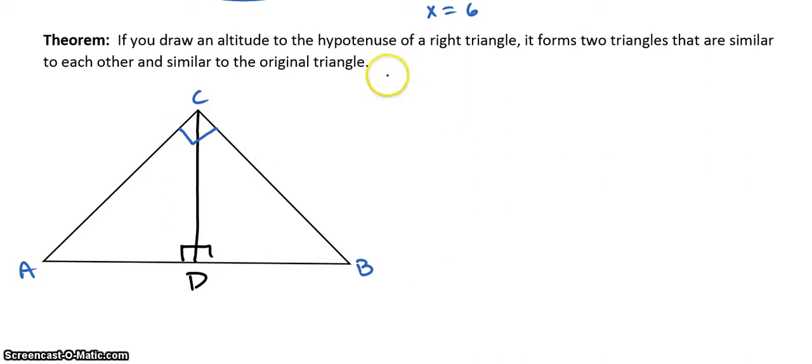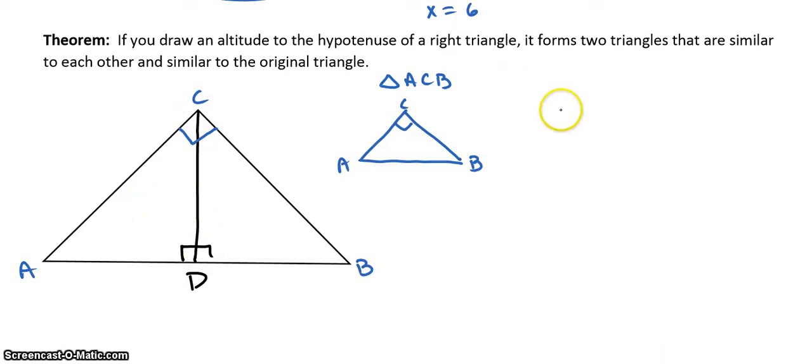Let me explain how. The first triangle we have is ACB. So that's the big triangle. And then by drawing in that black line, we've created two little triangles.